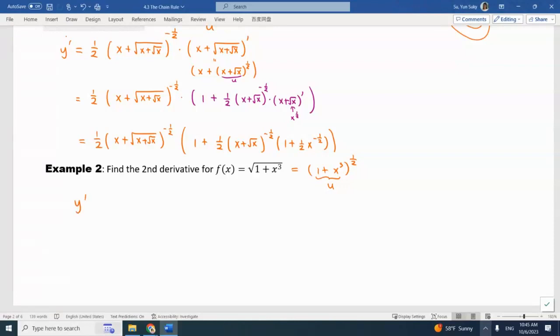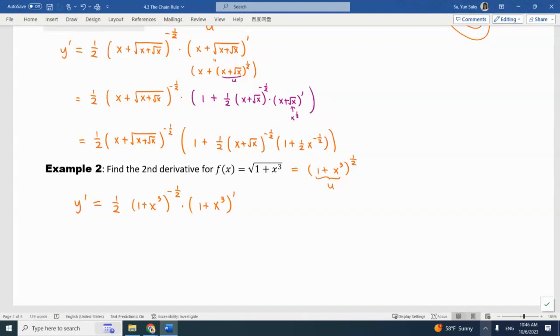So your y prime is half to the power 1 over 2, but minus, and then times u prime, 1 plus x cubed prime.